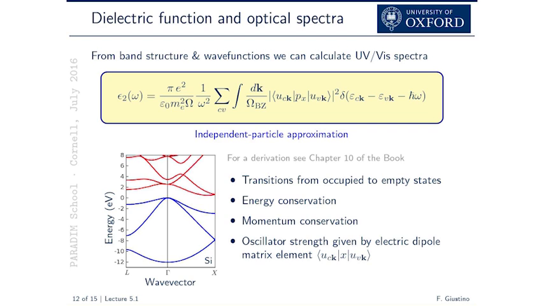And the last thing is that the strength of a transition is proportional to what is called the electric dipole matrix element. From the point of view of perturbation theory, what one does is to look at a perturbation Hamiltonian, which is the electromagnetic field, basically. It's going to be proportional to exponential of iQ dot R. The electric dipole approximation is to consider the long wavelength limit, so Q going to 0.